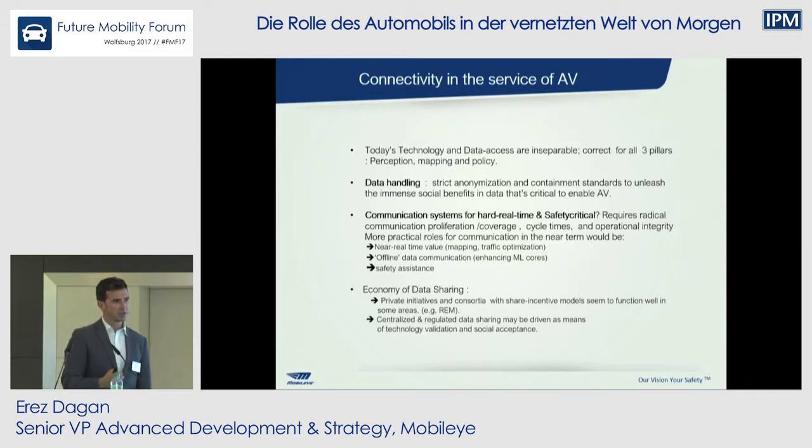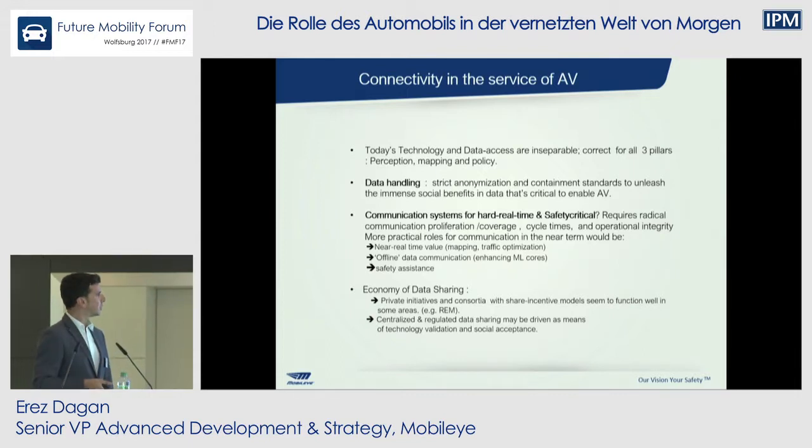We have to make sure that we have the tools in place, at least for the pieces that are critical for developing the technology, not for the pieces that are going to serve the service providers or the marketers. We're talking about sharing what's going on on our roads so that we can build technology to improve that. So we need to be able to assure anonymization and containment standards that unleash this potential social benefit.